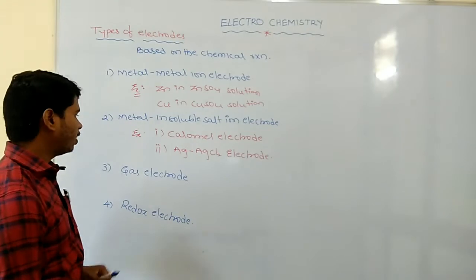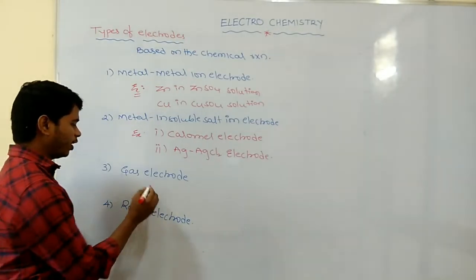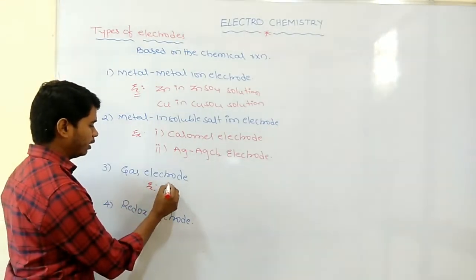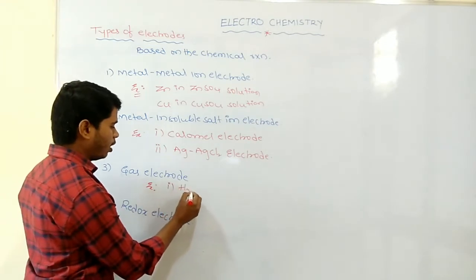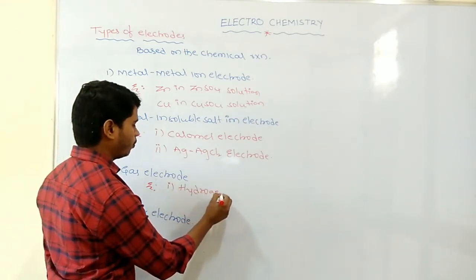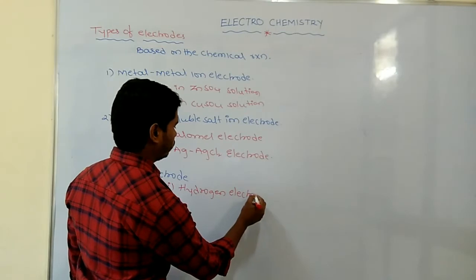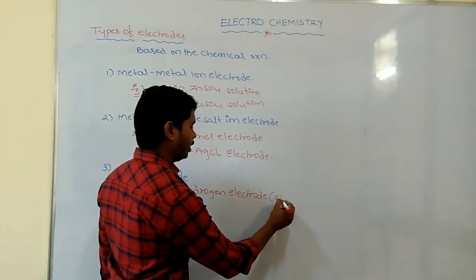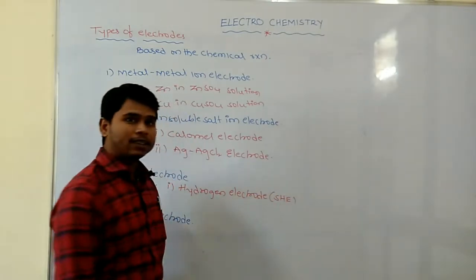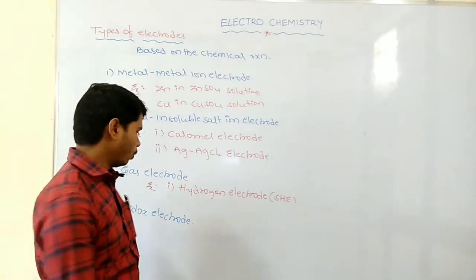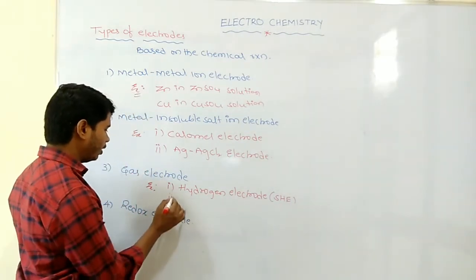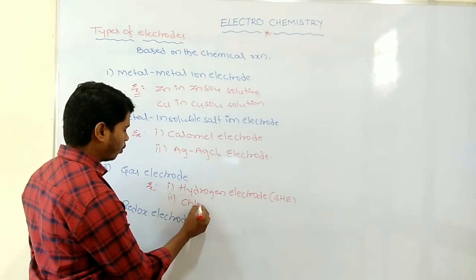Examples of a gas electrode are the hydrogen electrode, also called the standard hydrogen electrode, and the chlorine electrode.